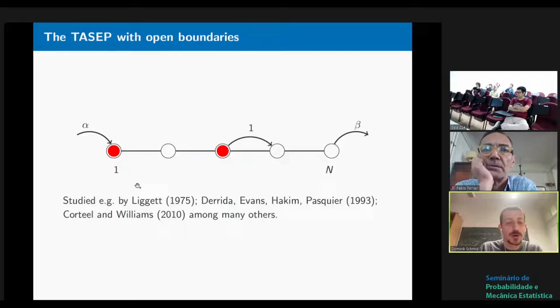This is a process with a long history, for example, already studied by Liggett almost 50 years ago. And there were some beautiful results investigating, for example, the stationary distribution of this process, due to Derrida and others, Corteel and Williams, using the matrix product ansatz or tools like staircase tableaux.